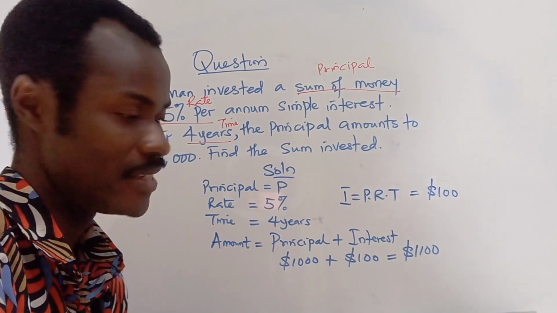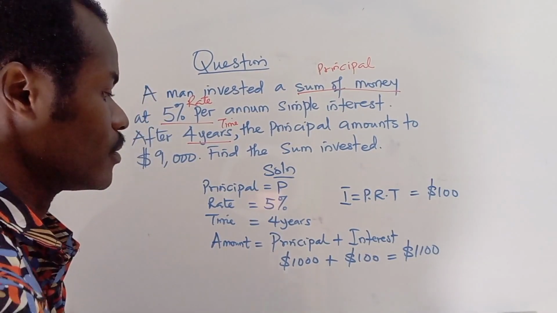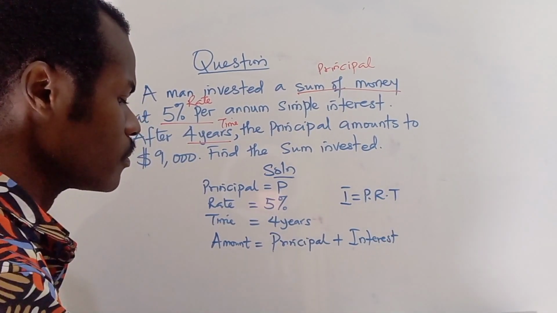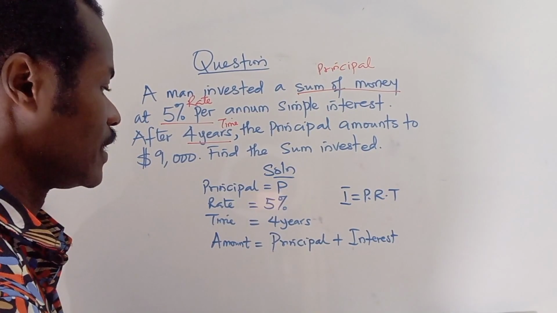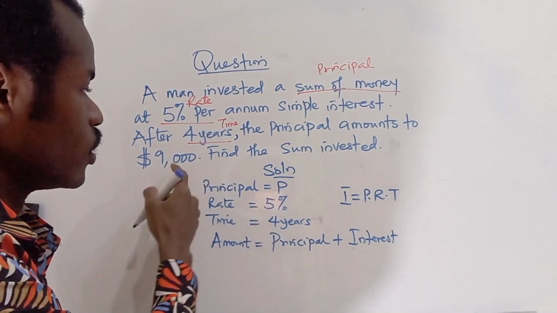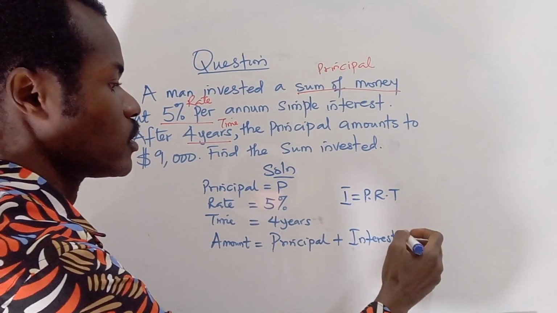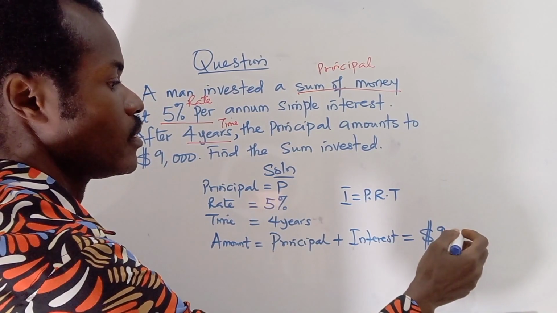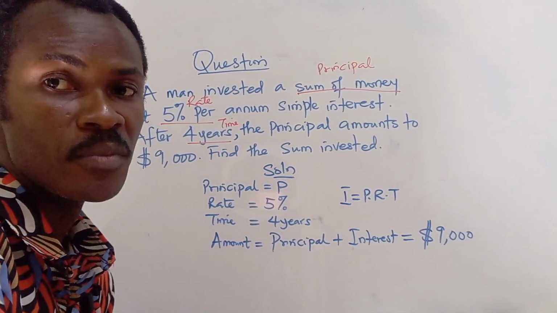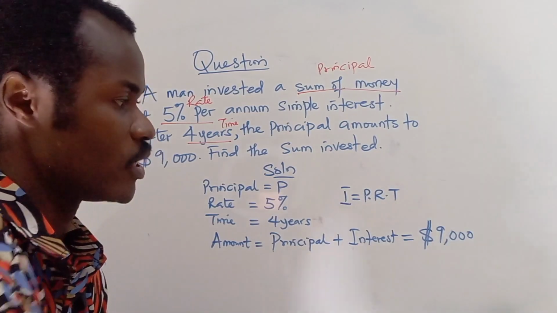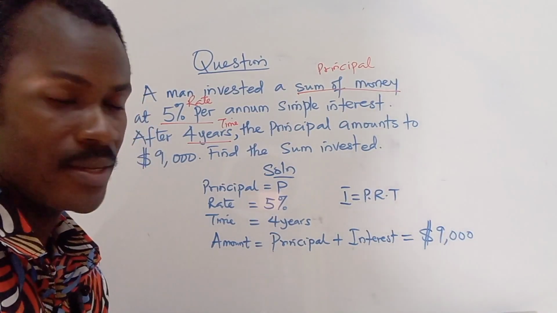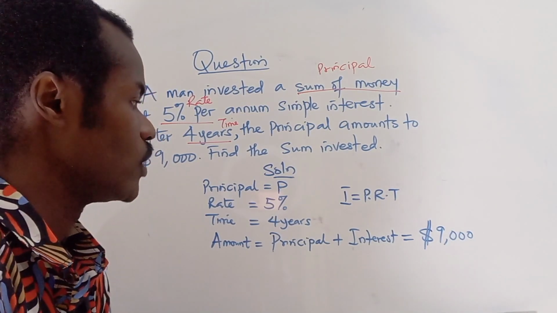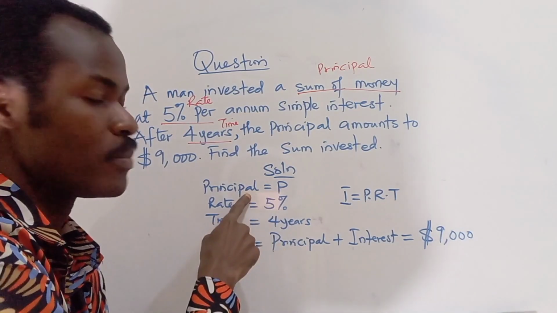That is the idea. But in this case, we're told that the money it amounts to, that the man should return, is $9,000. So now that we know the money is $9,000, we have to solve to get the principal.